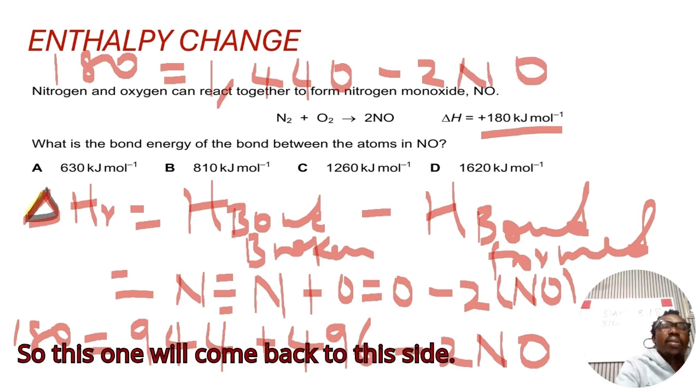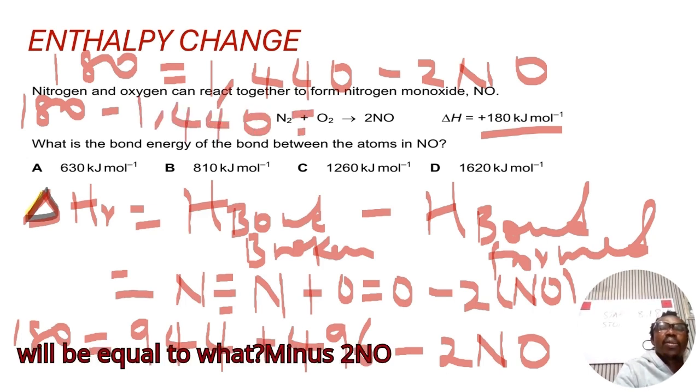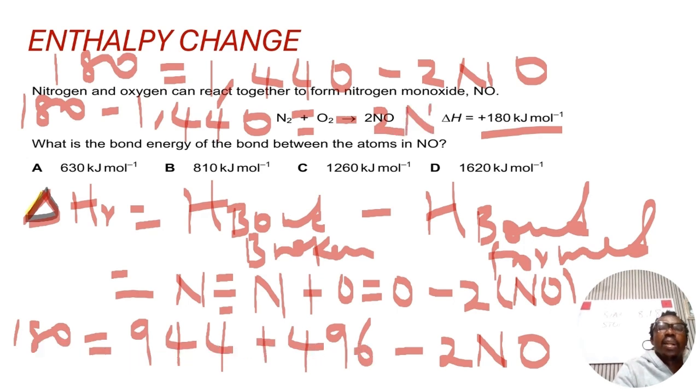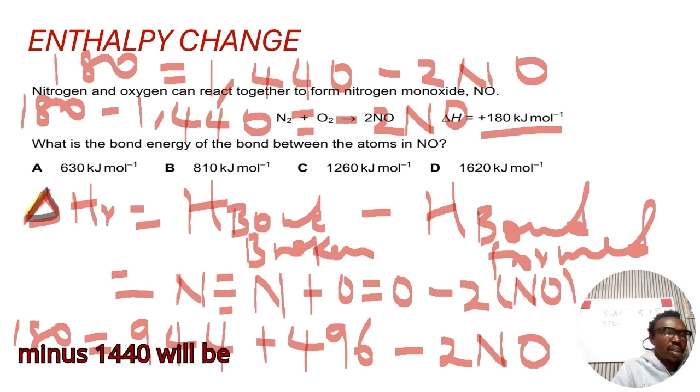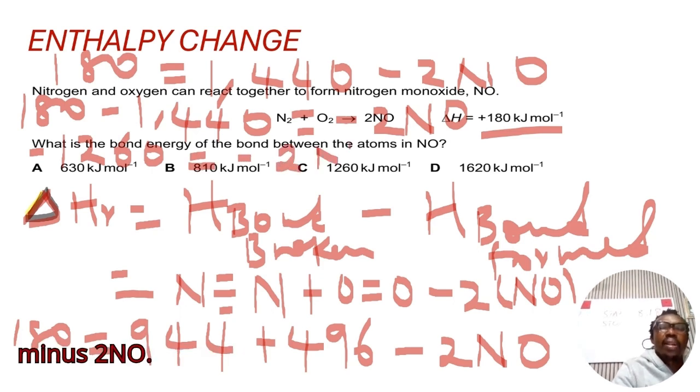So this one will come back to this side: 180 minus 1440 will be equal to minus 2NO. So 180 minus 1440 is equal to minus 1260, which equals minus 2NO.